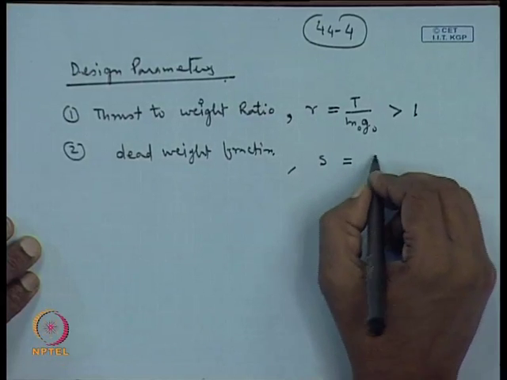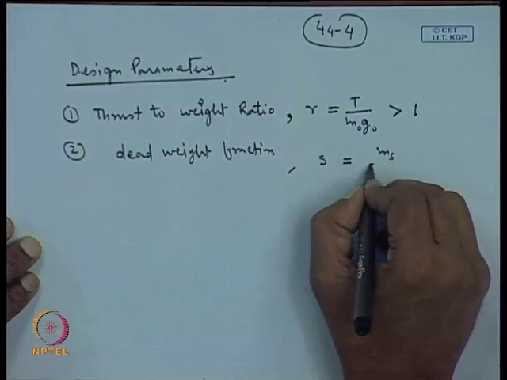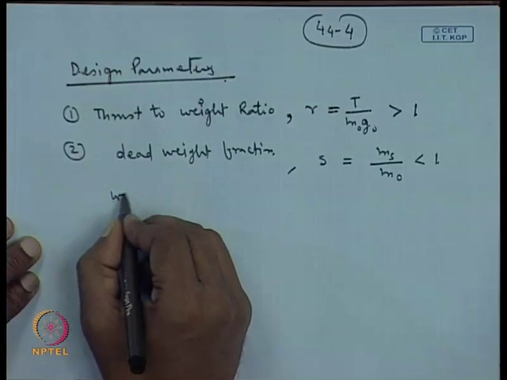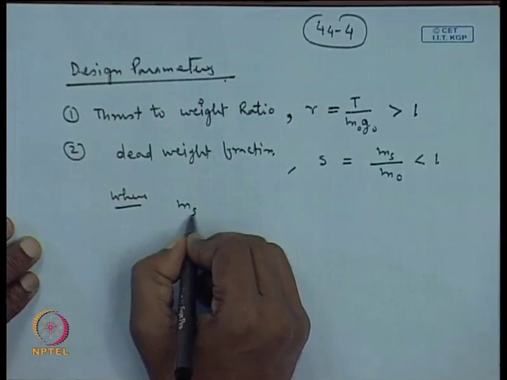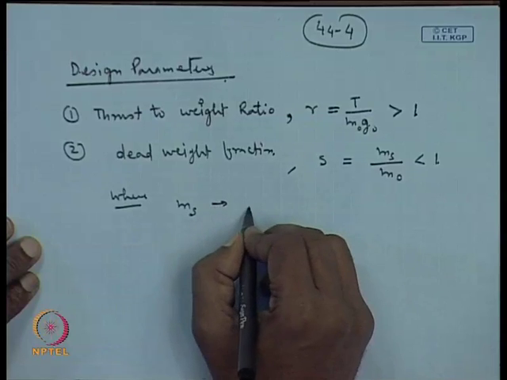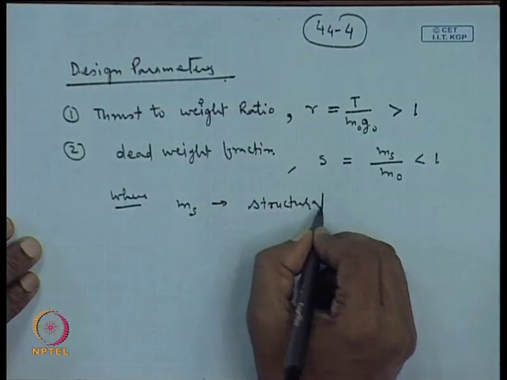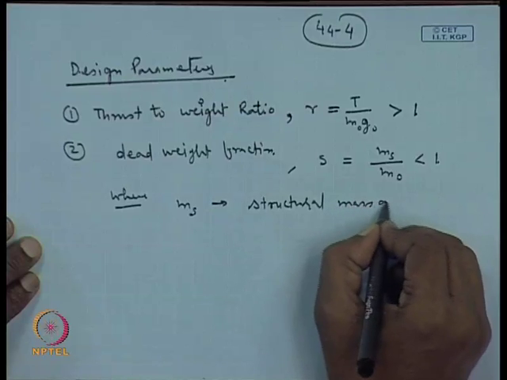S, and this we define as m_s by m_0, and this quantity is less than 1, where m_s is the structural mass at burnout.